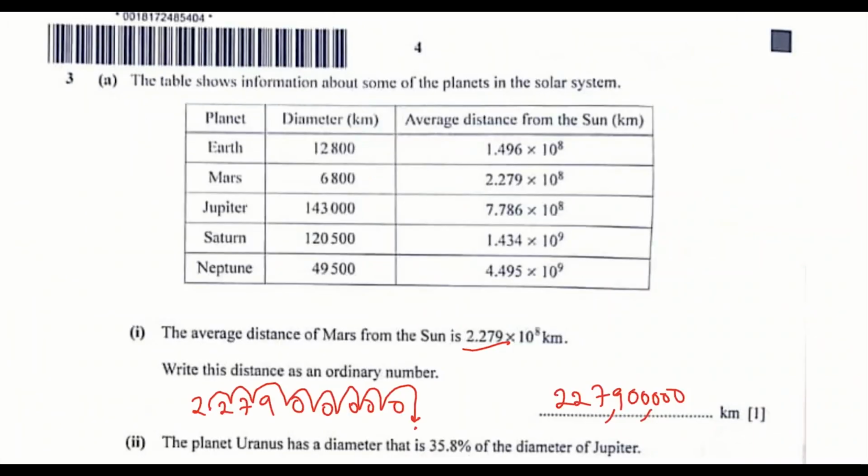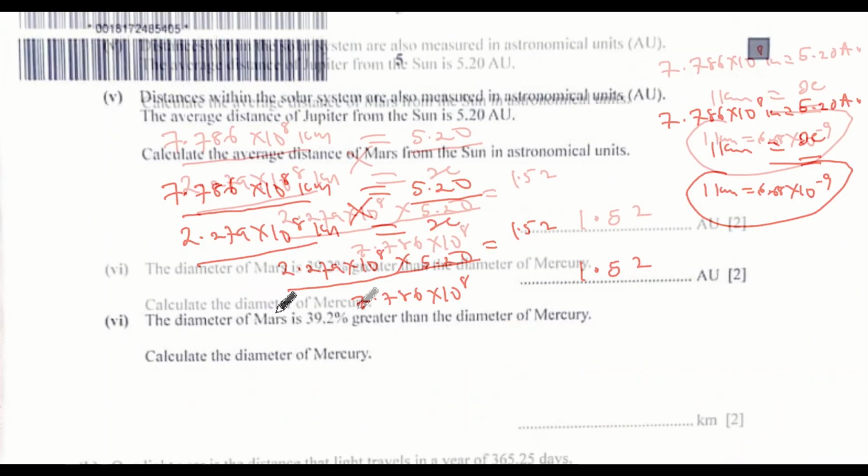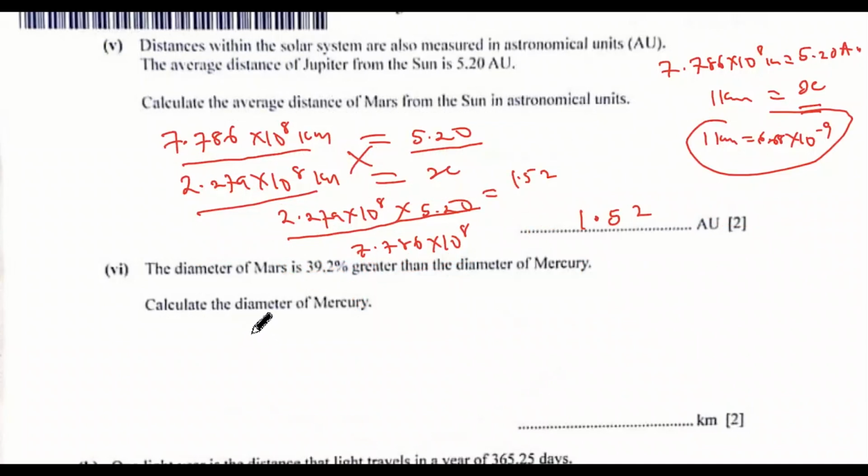If you go to the table, you see that the diameter of Mars is 6,800. So we can say that at 100%, the diameter of Mars is equal to 6,800 kilometers.